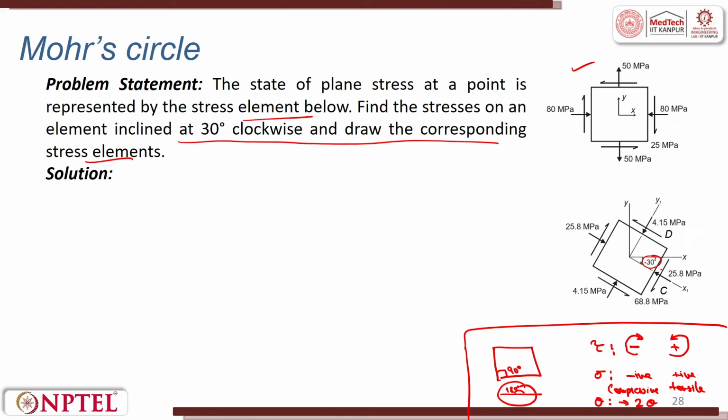All the stresses are found here: 25.8 megapascal is sigma x1, 68.8 is tau x1y1, and 4.15 is sigma y1.